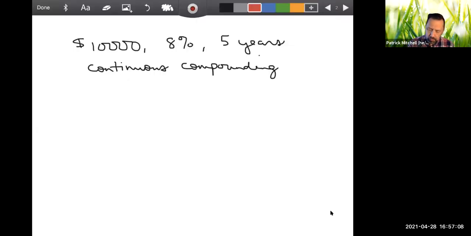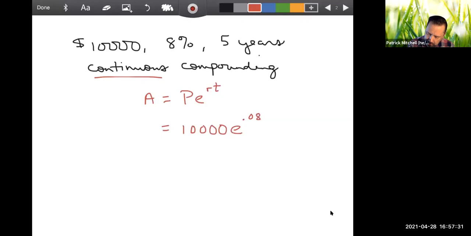And I've got this problem all ready to go. As soon as you see continuous compounding, that tells you to use the formula A equals P times e to the rt. So in this problem, P is still 10,000, r is still 0.08, and t is still 5.